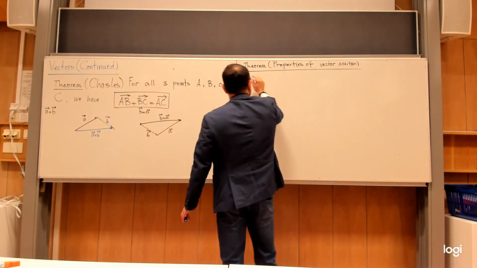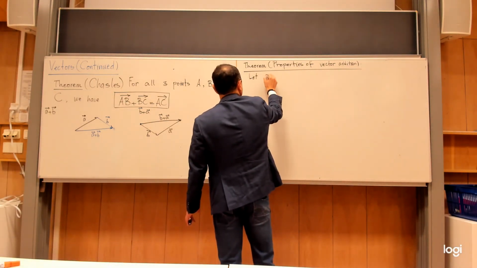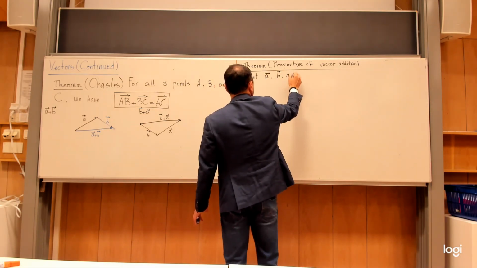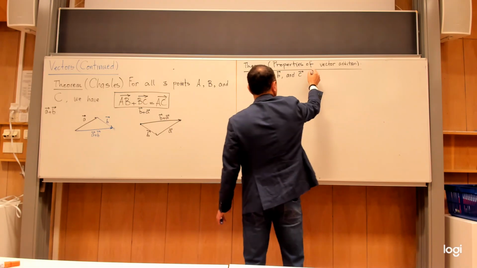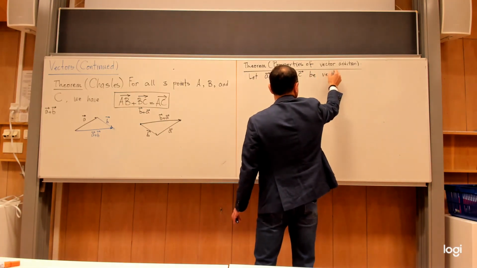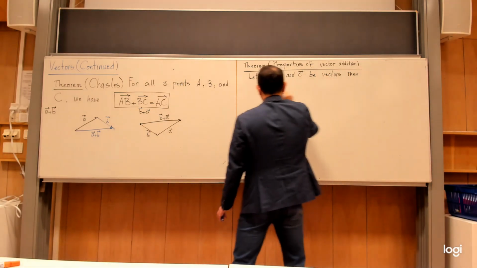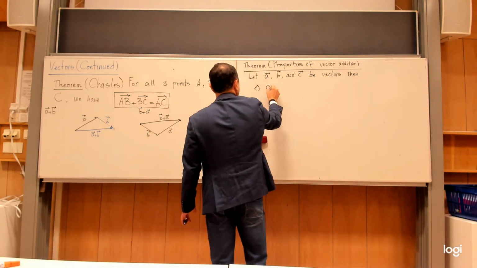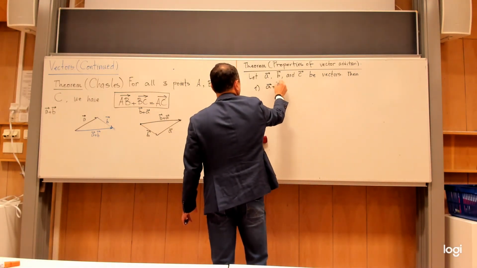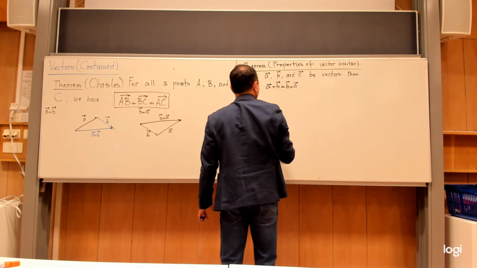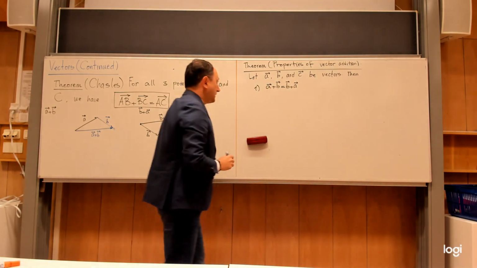Let A, B, and C be three vectors. Then the first property we learned is that there is no difference between A plus B and B plus A. So this is commutativity, yes?